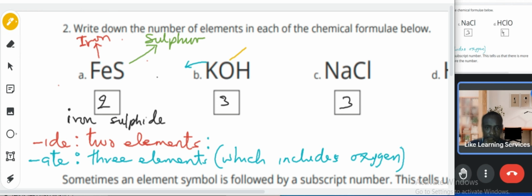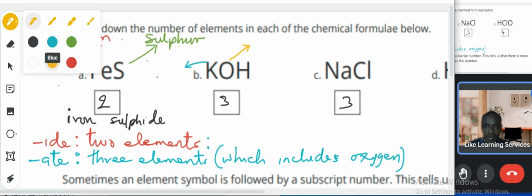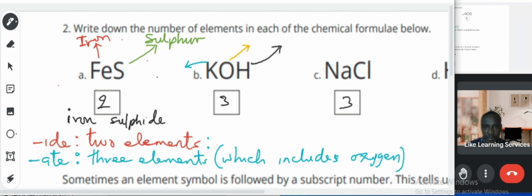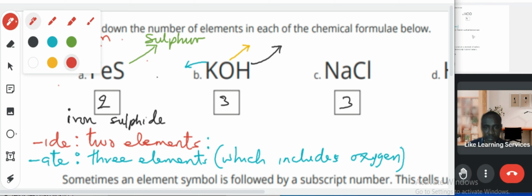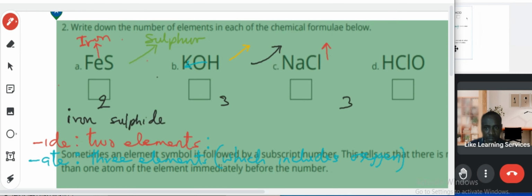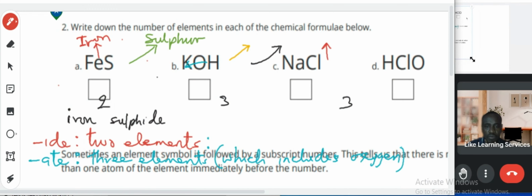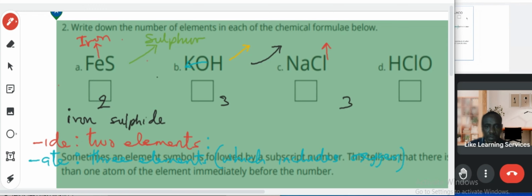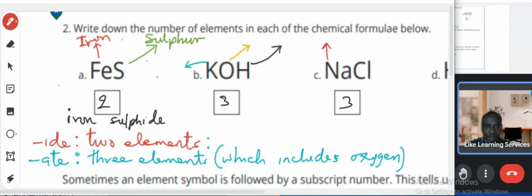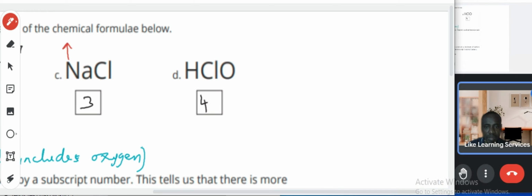Let me be putting arrows so that we can identify the names one after the other. No, please undo. I need to add something. Just undo. You can add whatever you need to add, but you need to undo. Okay, that's fine now.